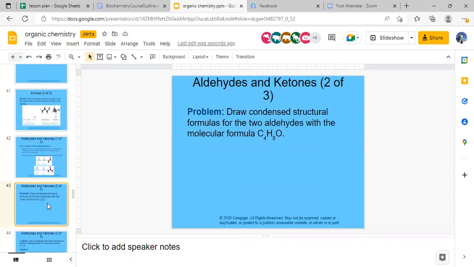Okay, so draw the line structures. Yung assignment nyo will be to draw the line structures. So when you draw the condensed structural formula, alam mo siyang merong 2 possible aldehydes. So C4H8O. So pwede yung aldehyde mo na sa dulo.